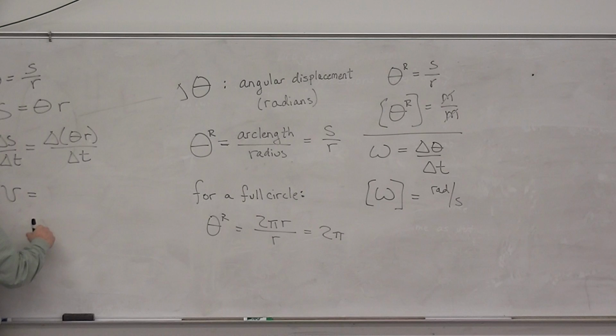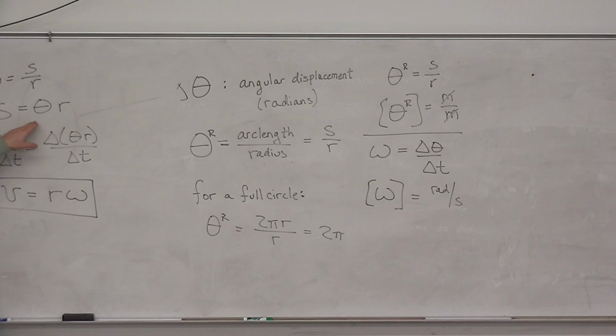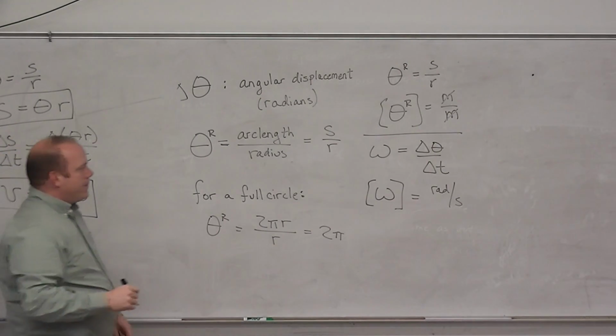R doesn't change, so I pull R out, and we're left with delta theta over delta T. What is delta theta over delta T? Angular velocity, omega. So we have V equals omega R. Our relationship between arc length and angular position is S equals theta times R, and for velocity, it's v equals r omega.